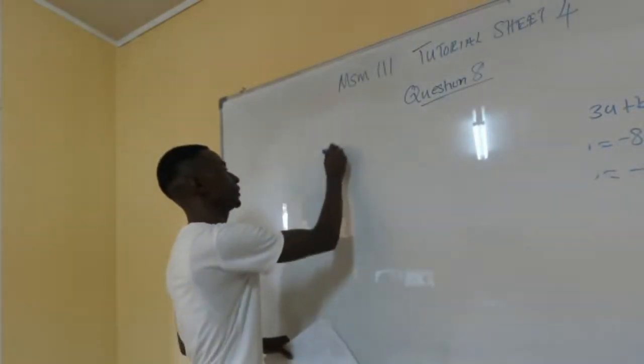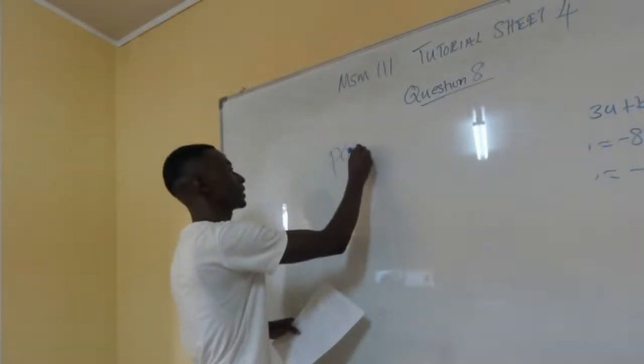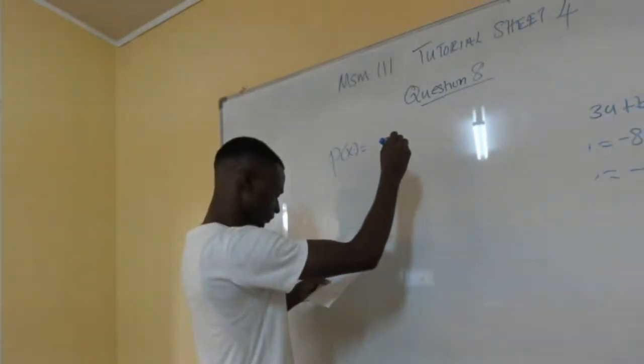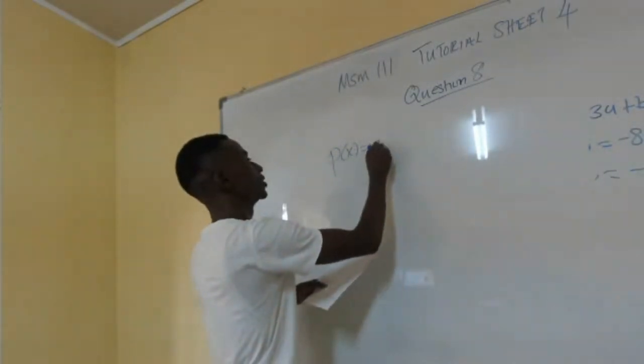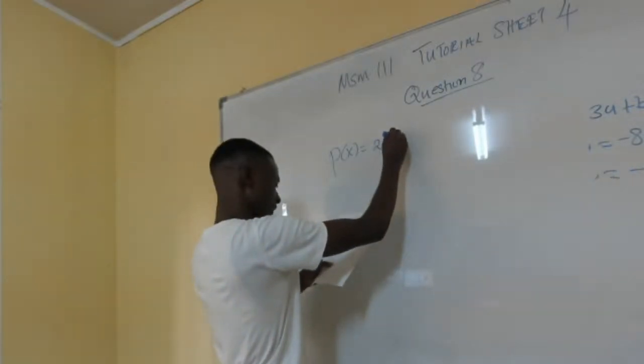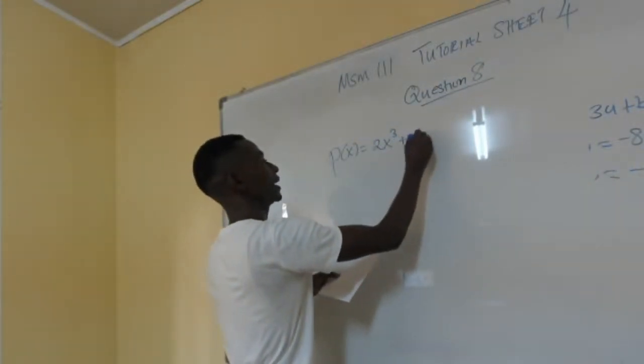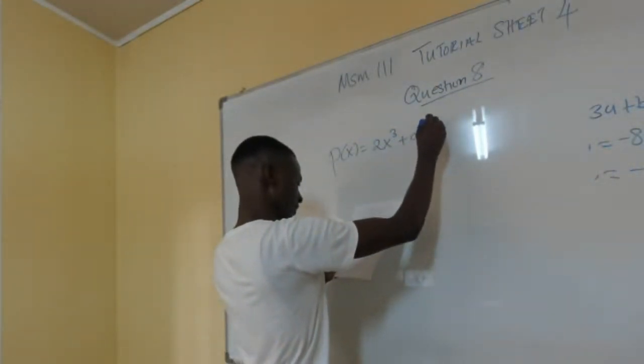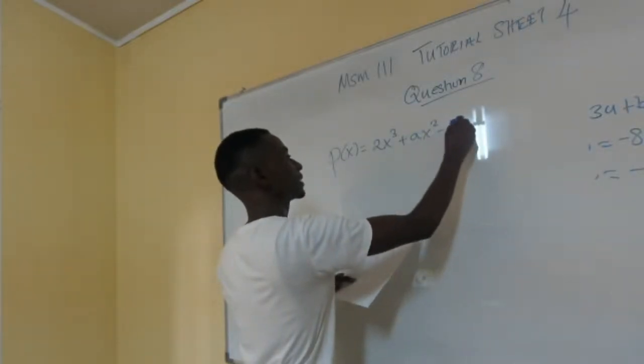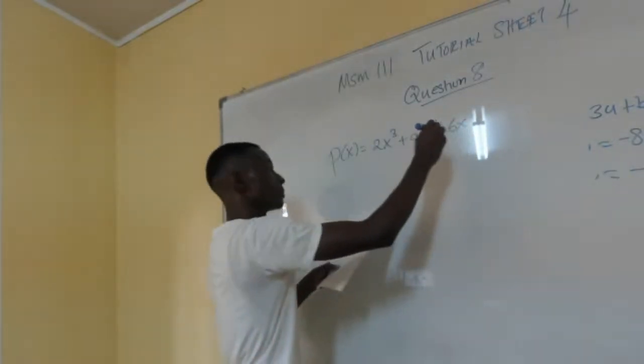given this polynomial, P(x) equal to 2x^3 plus ax^2 minus 6x plus 1.